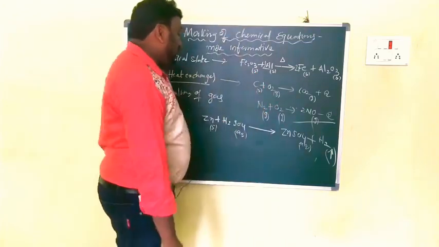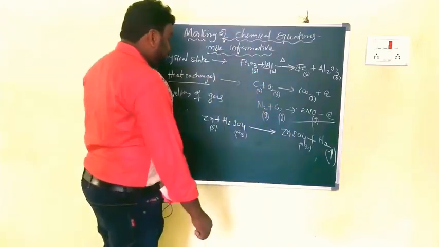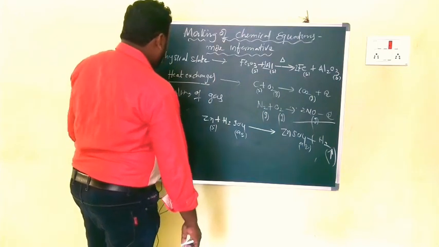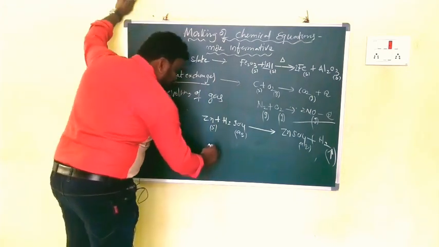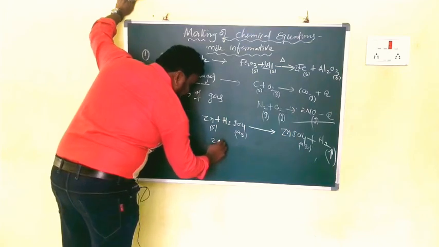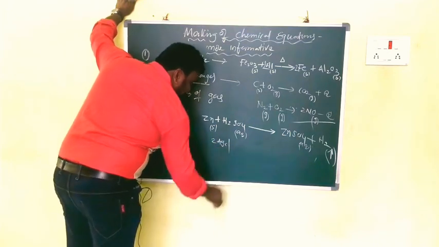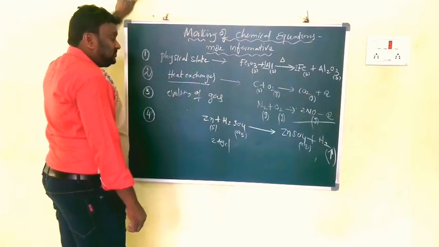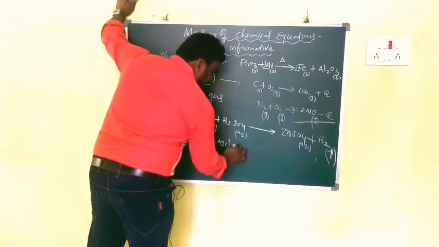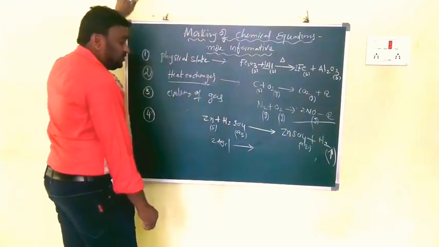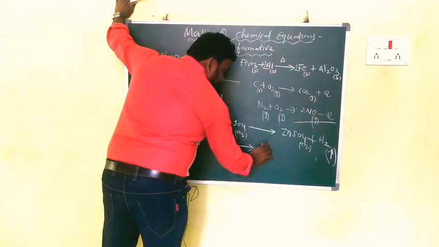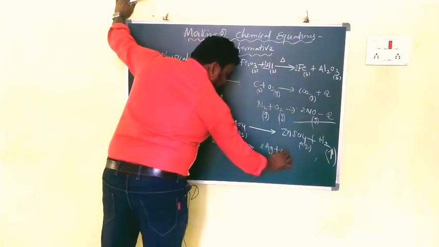So here we have one example. 2AgCl gives rise to 2Ag plus Cl2.